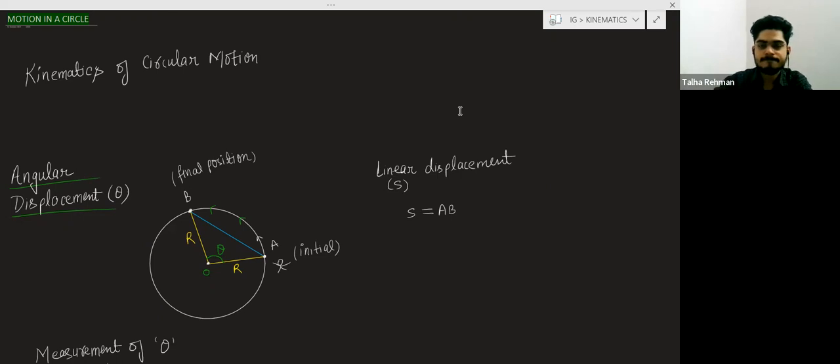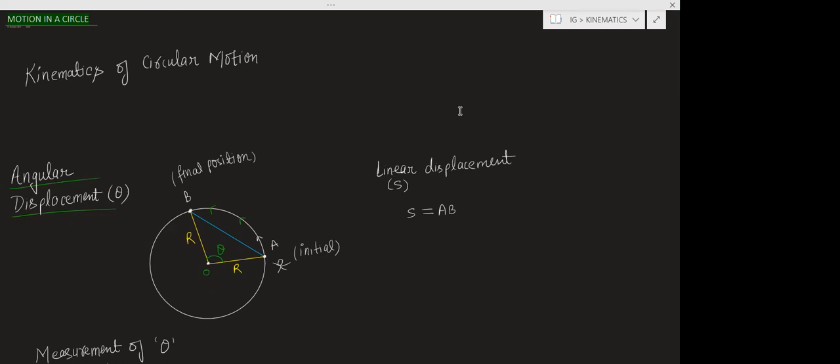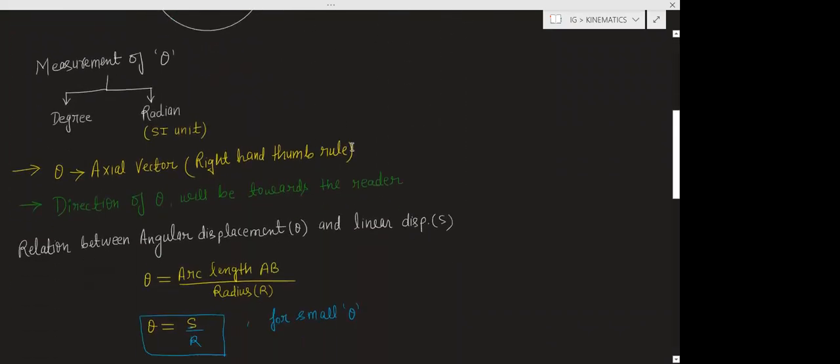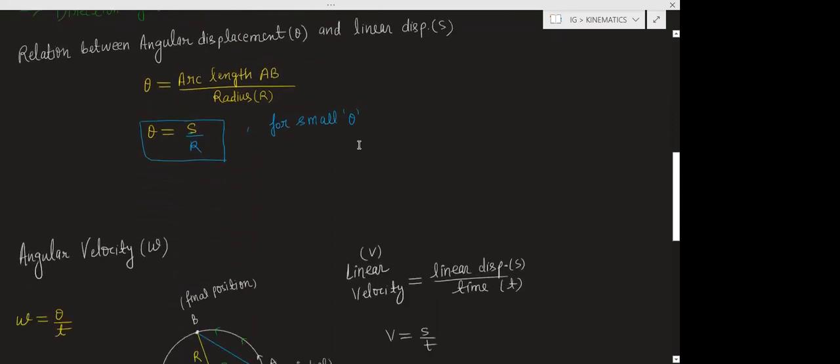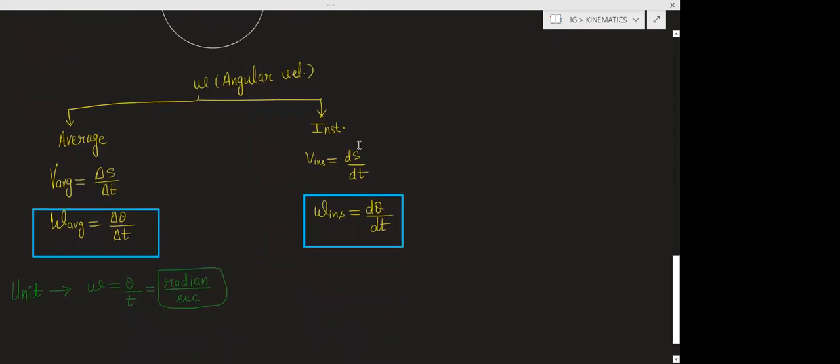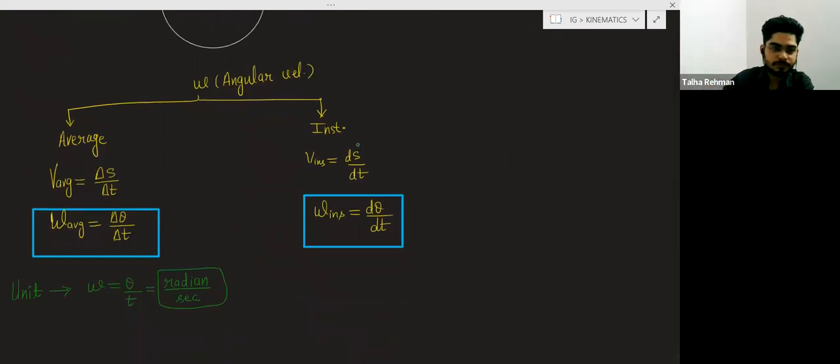This is linear. Linear means for a straight line motion. Now take the screenshot.